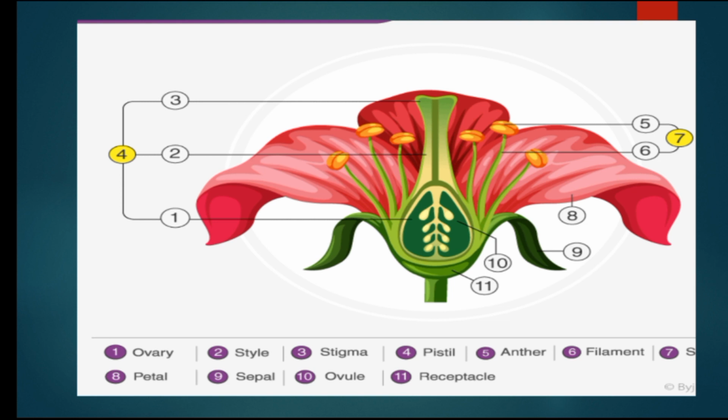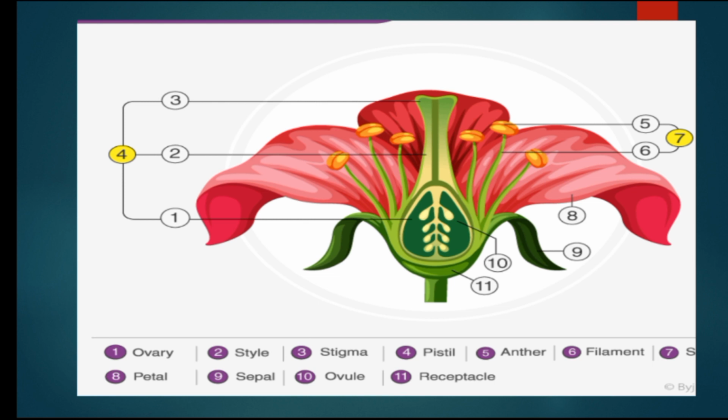In the compound pistil, the carpels may be free or united. Some flowers have free carpels and some flowers show fused carpels. If a flower has free carpels, that condition is known as apocarpous.